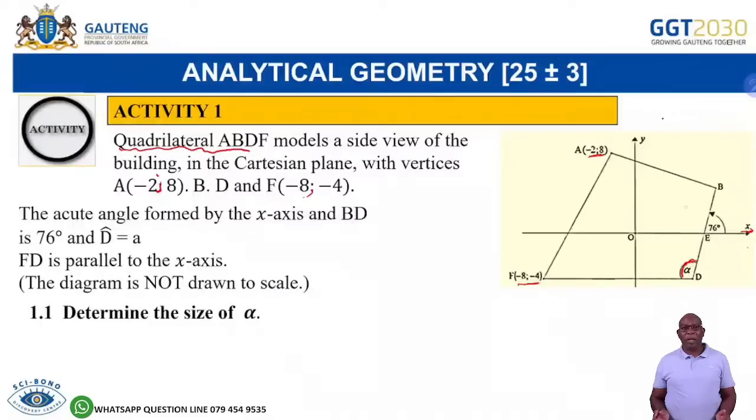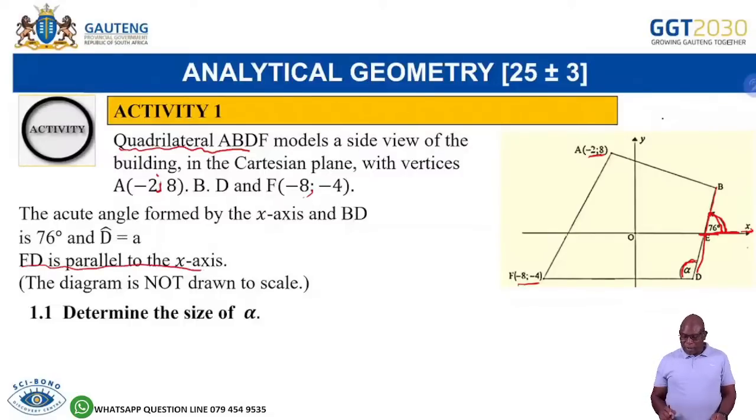It's away, so I cannot use the inclination. I cannot use tan theta equals m. That angle here is given as 76, which is between the straight line and the x-axis. But they've already given it to us, we don't need to calculate it.